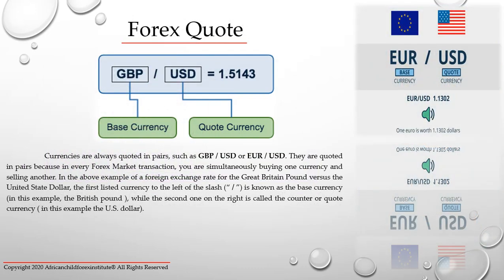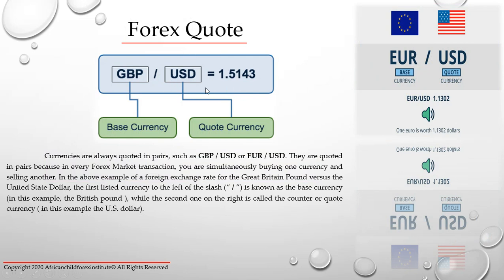Now, Forex quotes. How do we interpret what a currency pair looks like? We have the base currency and we have the quote currency. The base currency is the one on the left-hand side, and the quote currency is the one on the right-hand side. A pair will tell you the actual value of the currency. For GBP/USD, we have about 1.5143.